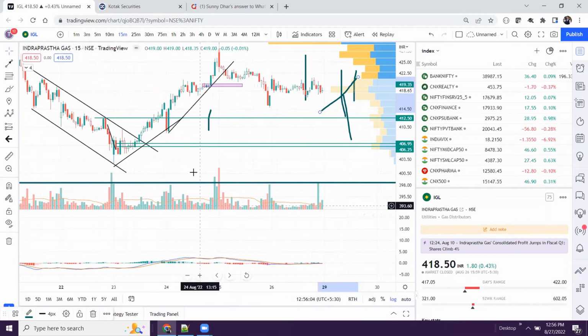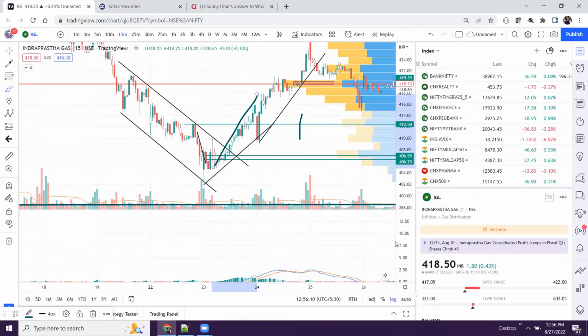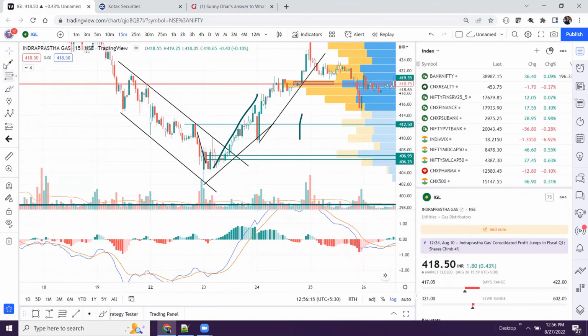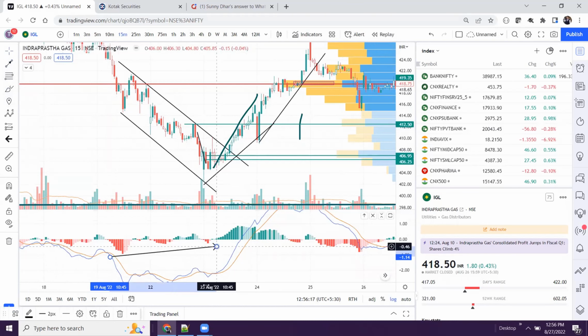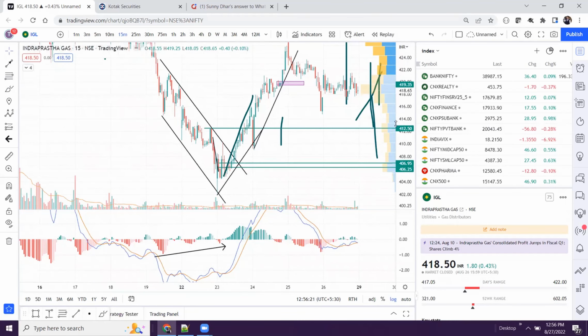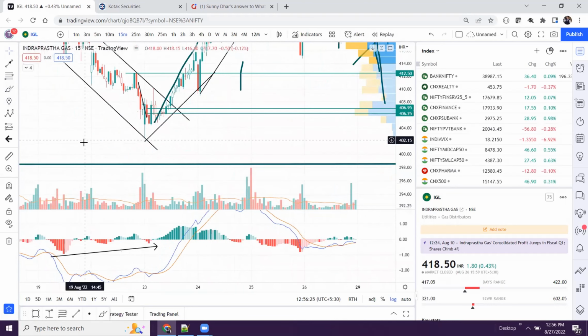Now see, the previous day I had made an opinion that this will go up. The reason was there was a continuous divergence, and I was waiting for this breakout. I also know that 400 is the highest open interest, so that is a good buying position.